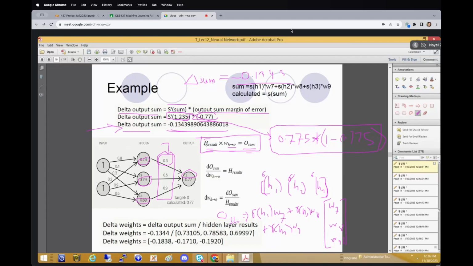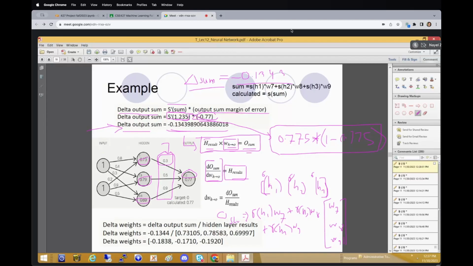Now, if we take the derivative of this equation with respect to the output sum, since the delta sum is there, we will get the derivative of the output sum with respect to w, which is the hidden layer results.